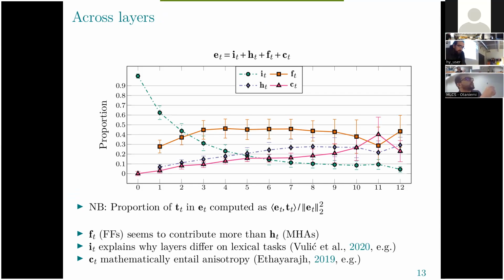So these error bars are computed over different... Yes. I took 10,000 sentences from the Europarl corpus, which is technically not within the training distribution of BERT. Then I simply computed the importance of each term for every token I would embed in these 10,000 sentences. The error bar corresponds to one standard deviation with respect to the average, and here I just plot the average.